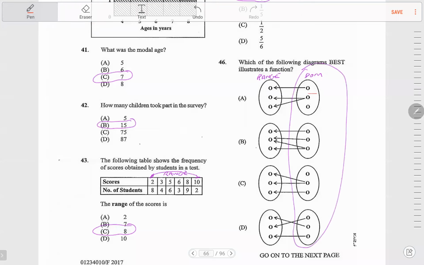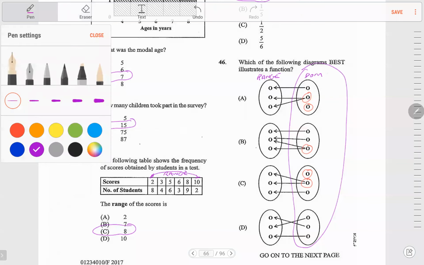This element maps twice, so it is not a function, and this element doesn't map at all. Each element must map, and when they map, they have to map one time. This one doesn't map, so it's not a function. This one maps twice, that also causes it not to be a function. This one is a function because each element maps, and only one time. So the last one is a function. This is the answer.